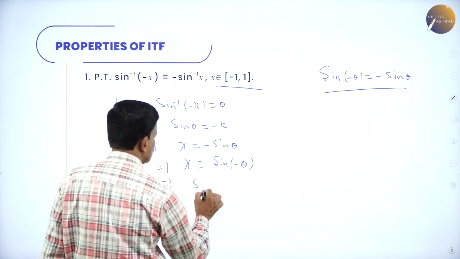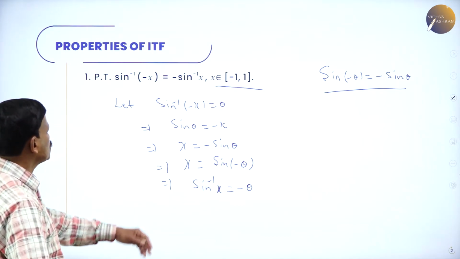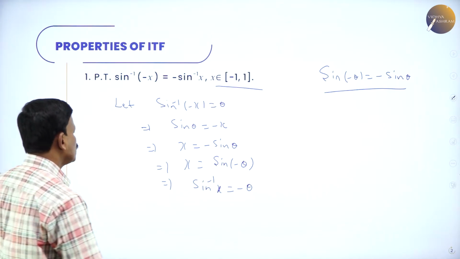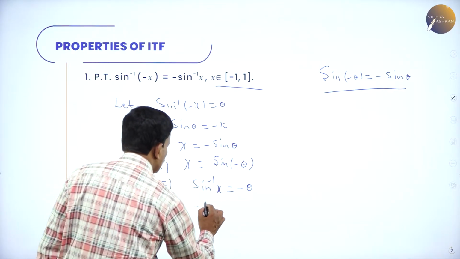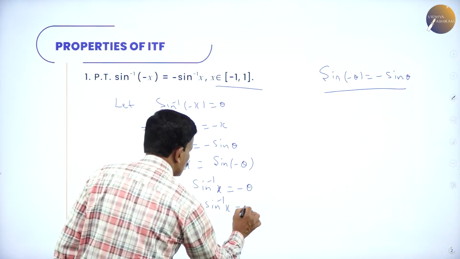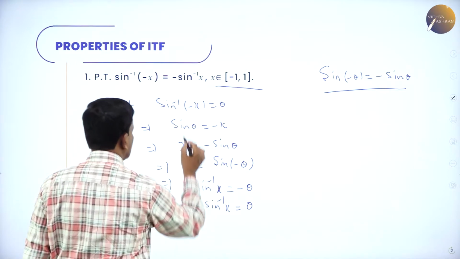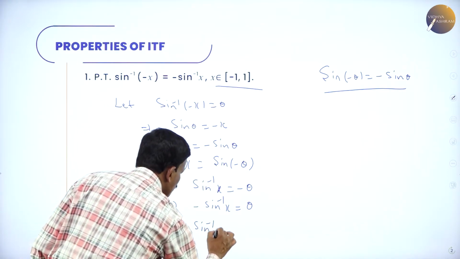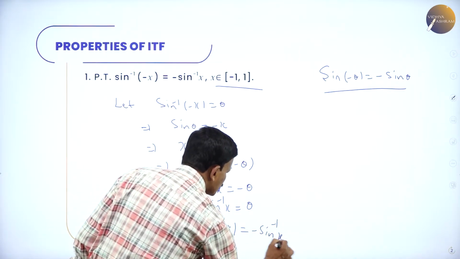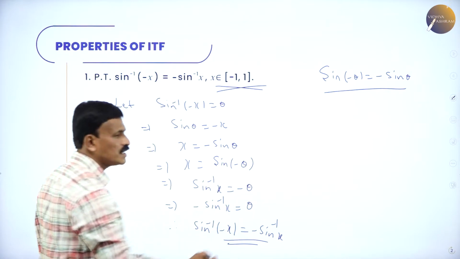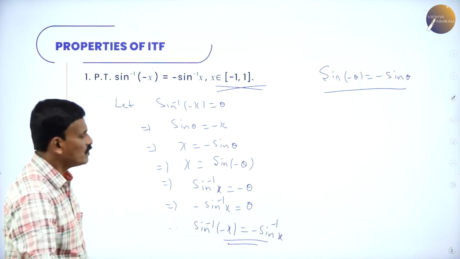This implies sine inverse of x is equal to minus theta. Now multiply by negative sign. Minus sine inverse of x is equal to theta. Therefore, substitute the value of theta. Theta is nothing but sine inverse of minus x. Sine inverse of minus x is equal to minus sine inverse x, where x belongs to minus 1 comma 1. That's it.